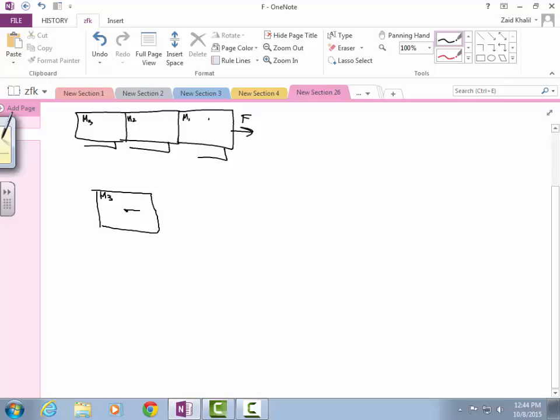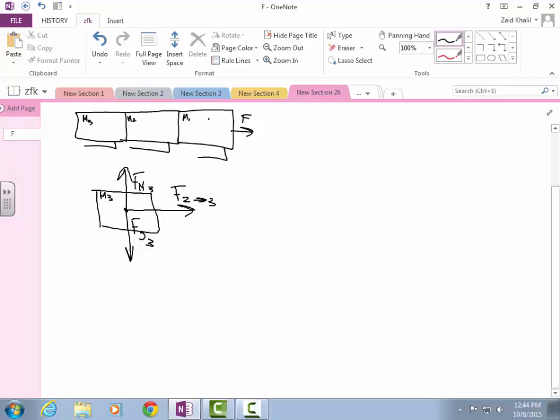Correct. So this is the force of 2 on 3. And of course we have the normal force and gravity. And I'm not worried about them. They're there. Trust me, they're there. Here you go, just to make you happy. Fn3, Fg3. But I'm not worried about them for this exercise.